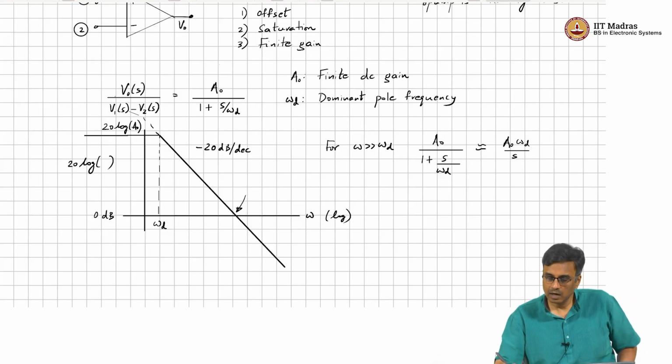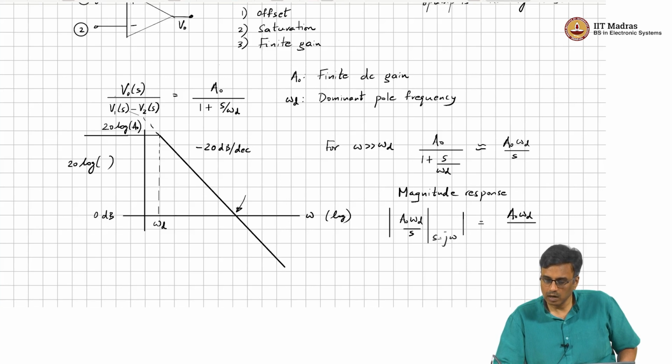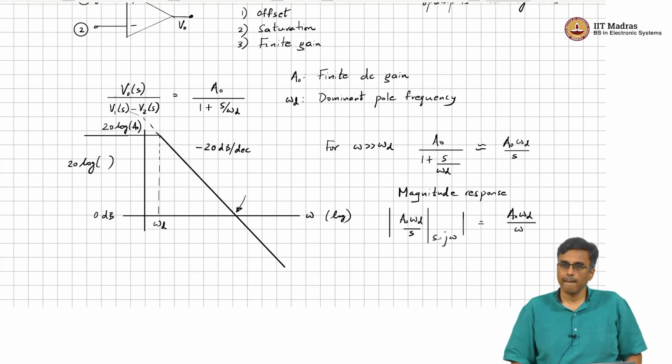So, basically the frequency response, so magnitude response, is simply A naught omega D by s evaluated at s equal to j omega, and we take the magnitude of this, and that is nothing but A naught omega D over omega.